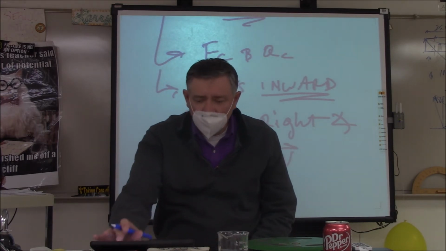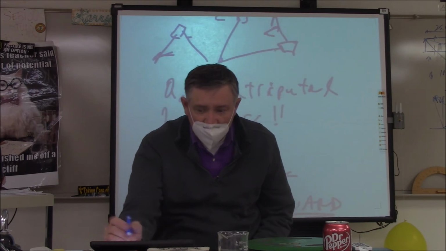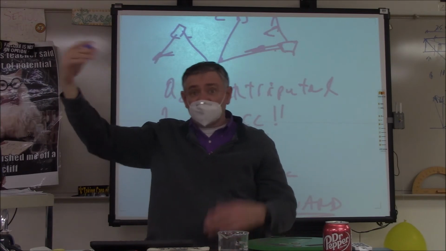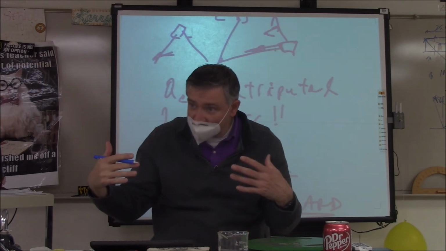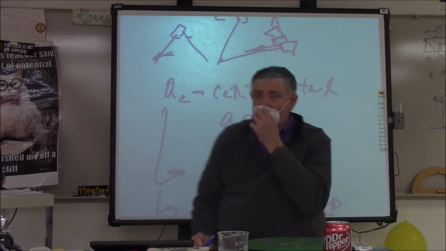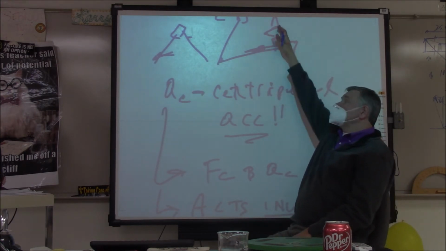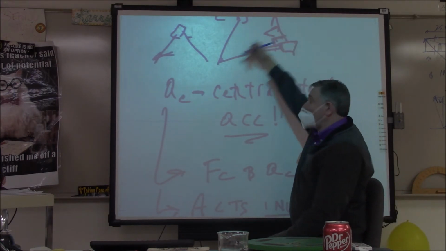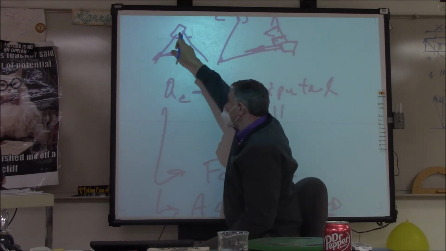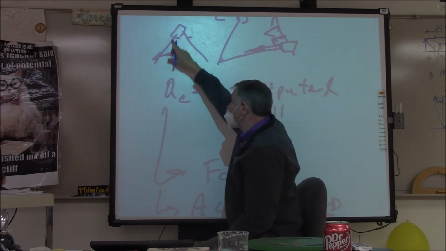So when this rubber stopper is being swung around, the centripetal force and the centripetal acceleration, because force and acceleration have to go in the same direction, act inwards, and that's a right angle right there. When I let go of it, it wants to go like this, and I'm forcing that towards the inside. When I'm over here, when I let go of it, it wants to go in this direction. My force is acting inward, and that's a right angle.